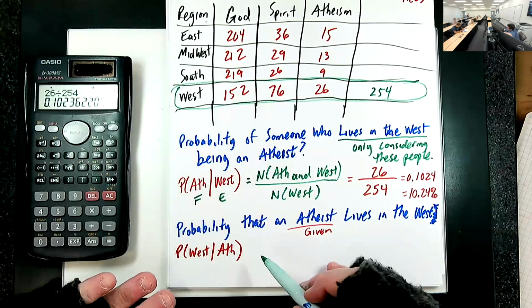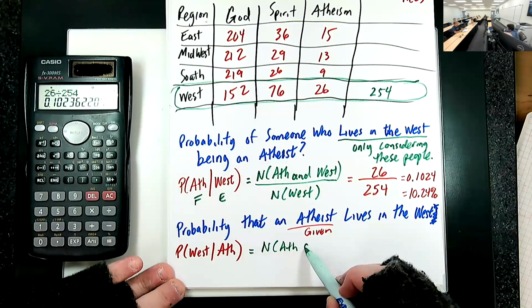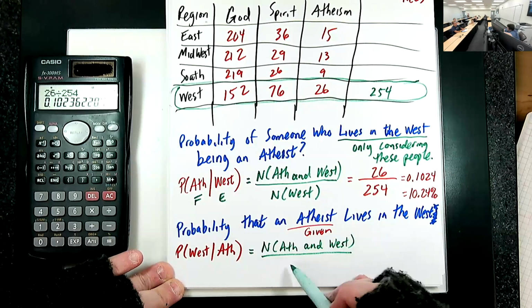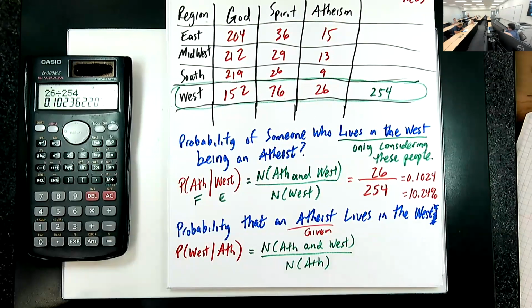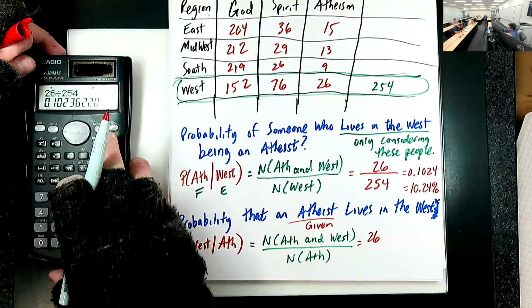So this changes a little bit. The top here doesn't change. It's still the number of atheists in West. But now the bottom is going to be the number of atheists. And we know the top is still 26. How many does that add up to, though?